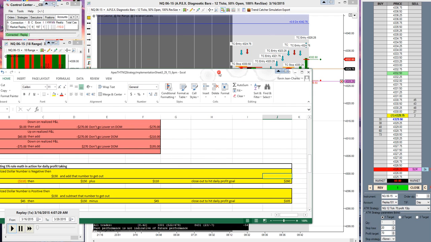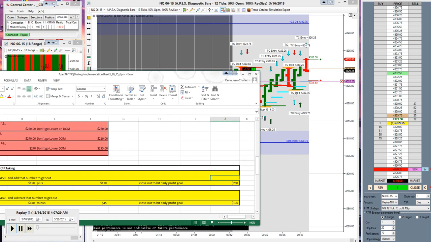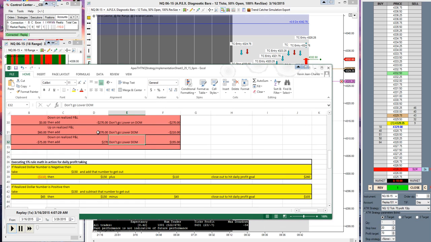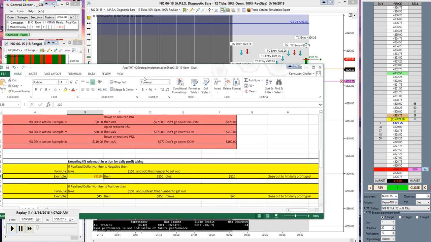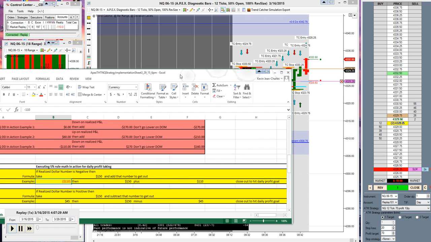Means now I need 260 in my DOM to know to get out at 150. For my drawdown, I know that if I see I'm going down 160, I need to get out. Let's move this out of the way just so you see the math behind that.